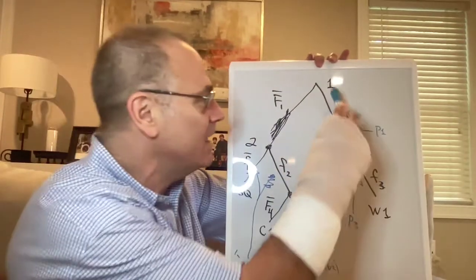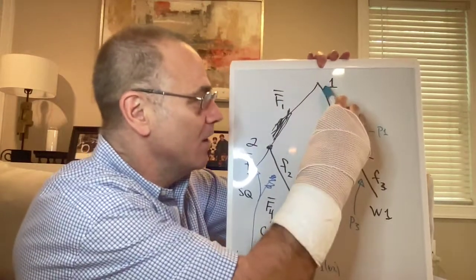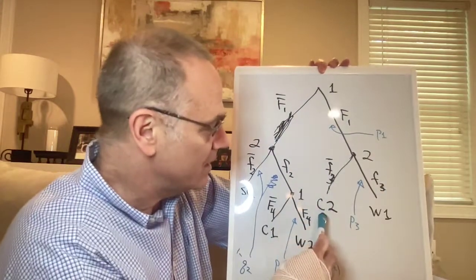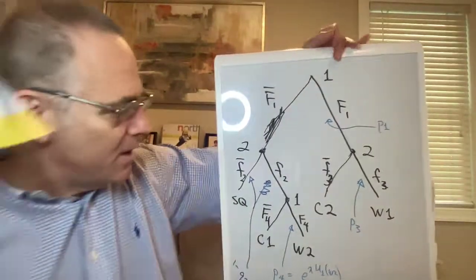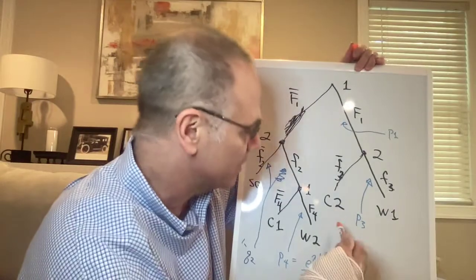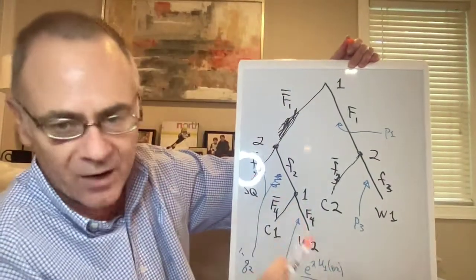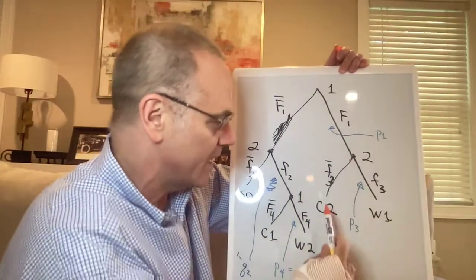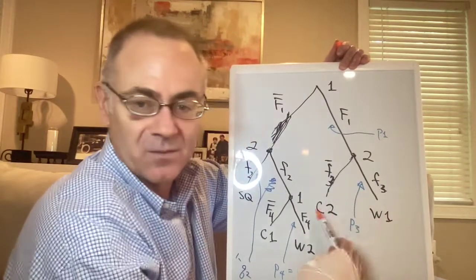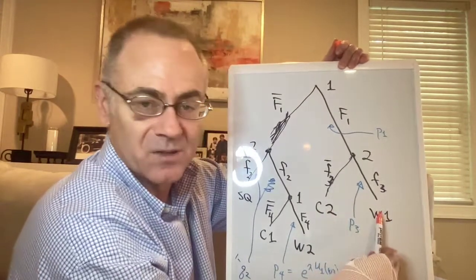Well, the seen utility of choosing this branch is going to equal, let's see, I will write it. I'll write it with orange. So the seen utility for player 1 of choosing this branch is going to be a weighted average of those two outcomes, of the utility of those two outcomes.